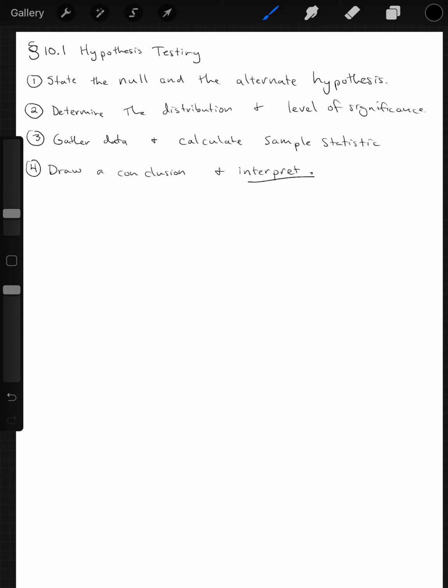So to go at this in order, for 1, the null hypothesis is always denoted H naught, right? So H subscript 0. That subscript 0 is generally pronounced naught. This is always going to look like the parameter equal a value. Always, for our purposes.